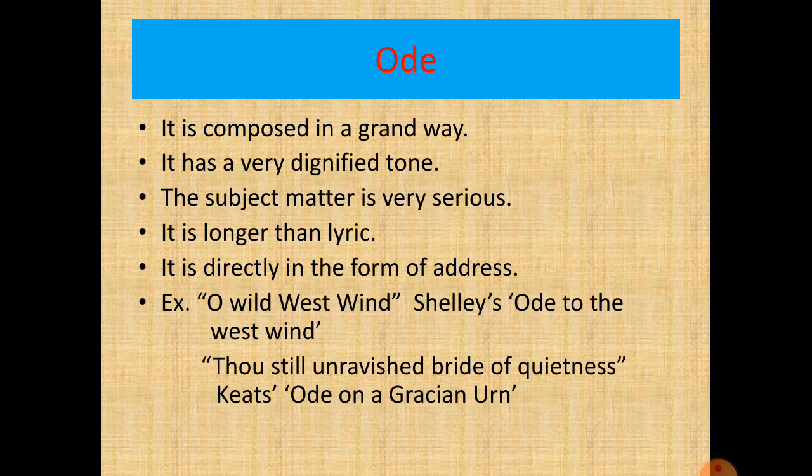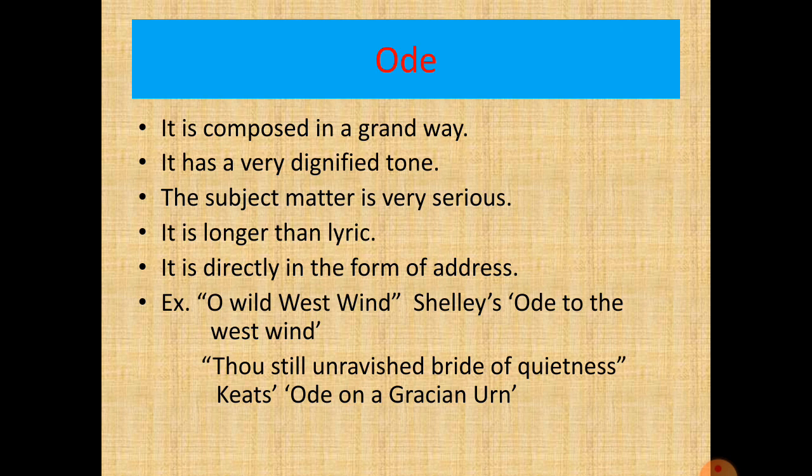So this very first line denotes that it is an address. In the same way, John Keats' Ode on a Grecian Urn also begins with an address: Thou still unravished bride of quietness. So students, here we can clearly say that it's an address.